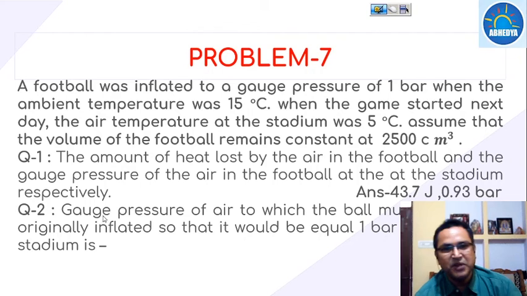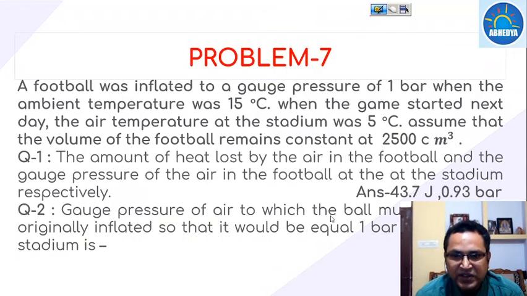So what is the second problem related to this one? The gauge pressure of air to which the valve must have been originally inflated. Means we have to find out the original gauge pressure, so that it would be equal to 1 bar gauge at the stadium, so that the final gauge pressure becomes 1 bar. Okay.